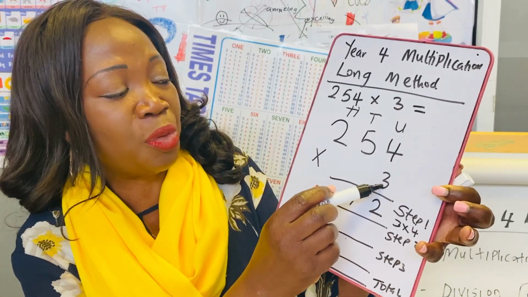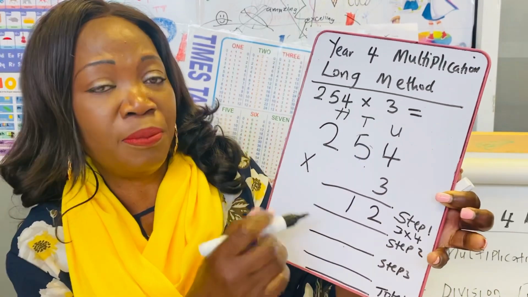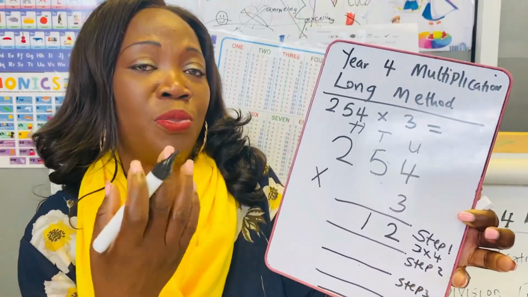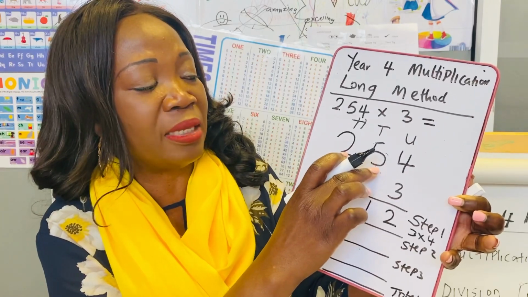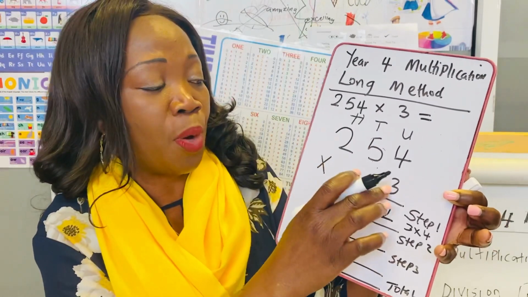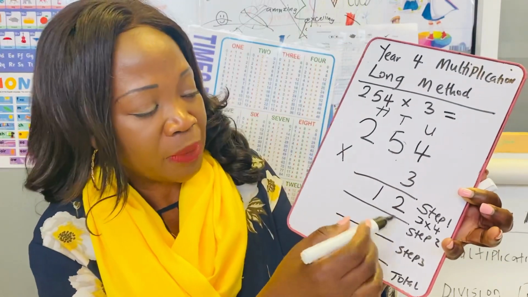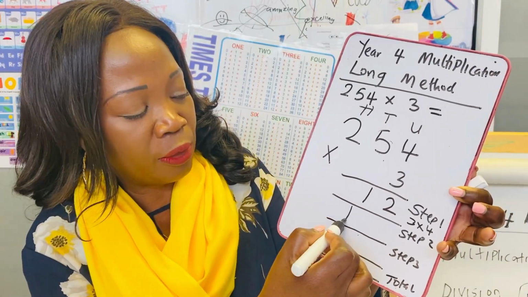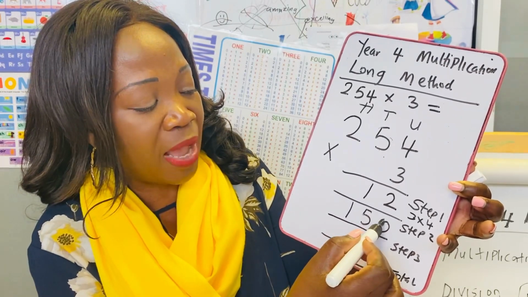Then you multiply 3 times 50, because this is 50. But because we want to make sure that we understand it better, we think of this as 5. If you know your 3 times table, you should know that 3 times 5 is 15.